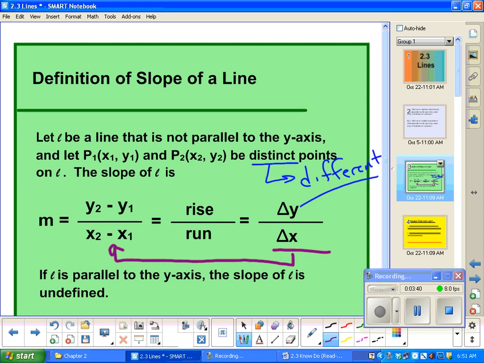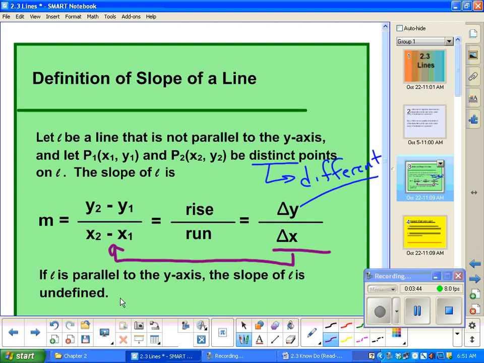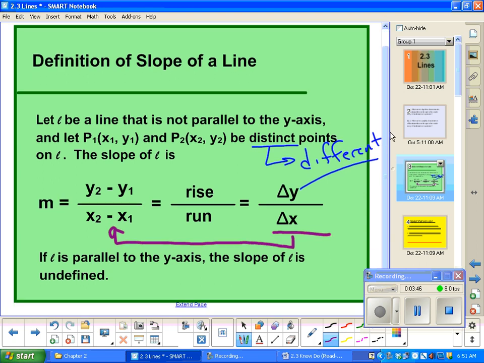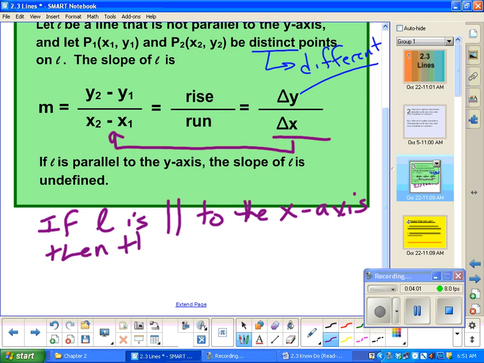And I guess at this point, we should also add in that if L is parallel, I'm going to use the parallel symbol there, to the x-axis, then the slope is 0.